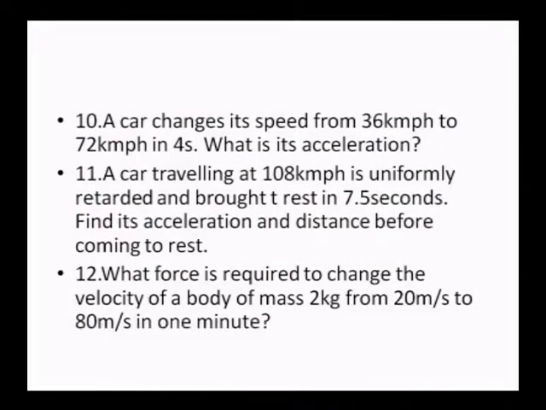The problem is: what force is required to change the velocity of a body whose mass is 2 kg from 20 meter per second to 80 meter per second in 1 minute?